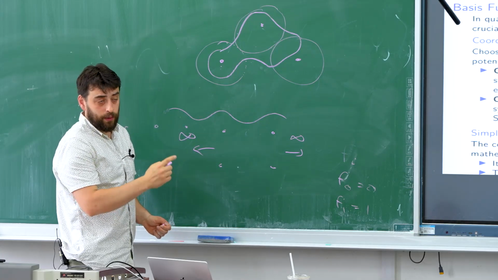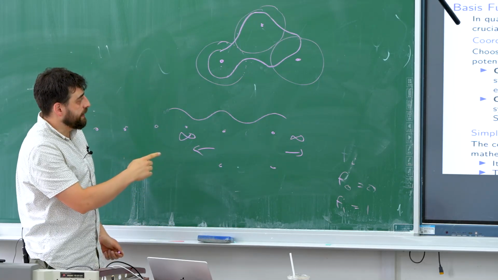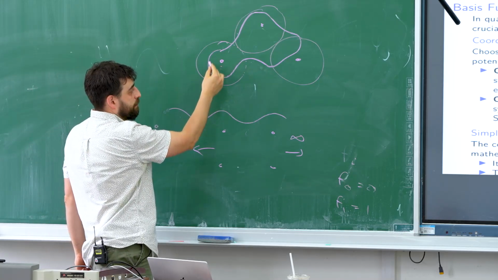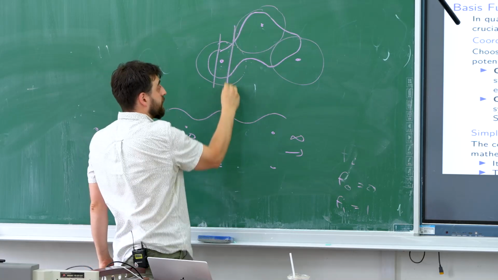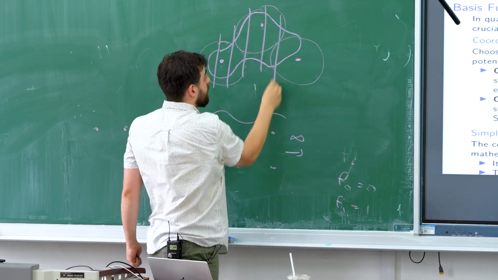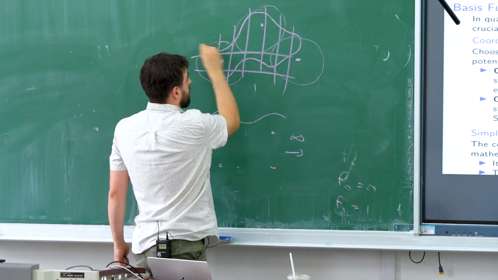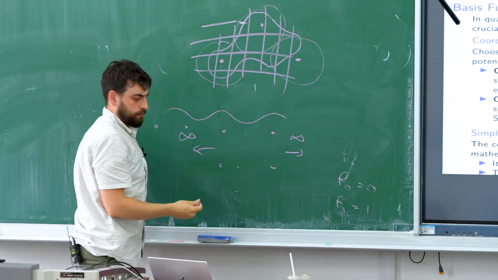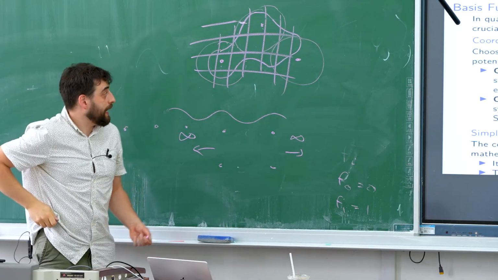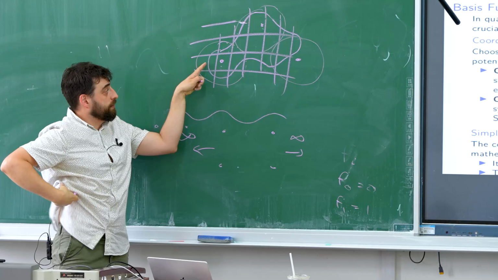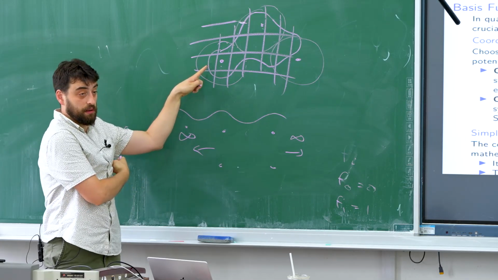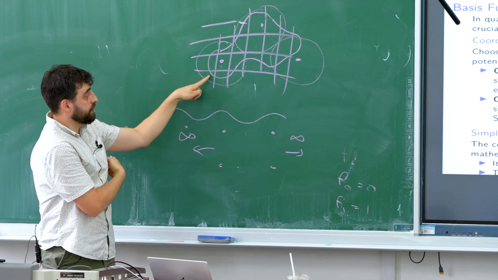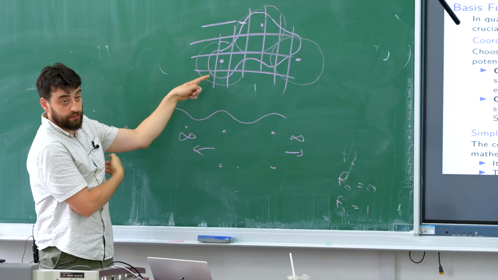Now, how can I represent that? Well, I could represent it as a set of basis functions on each atom, or I could just divide space. I could say I'm going to have a grid just like that, and the value of the basis function on this grid point is some number, and on this grid point is a different number.